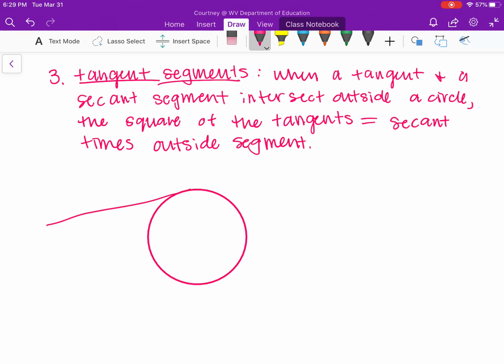Okay, so let's say we have a tangent. Remember, it only touches at one point. So here's A, here's B. That's a tangent line. And then say we have a secant line that cuts through like this.